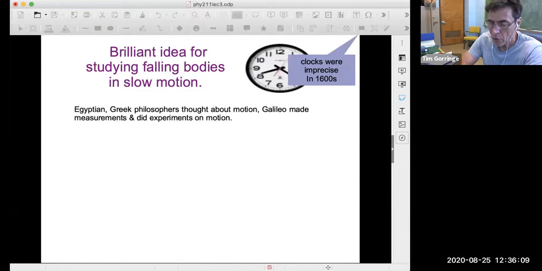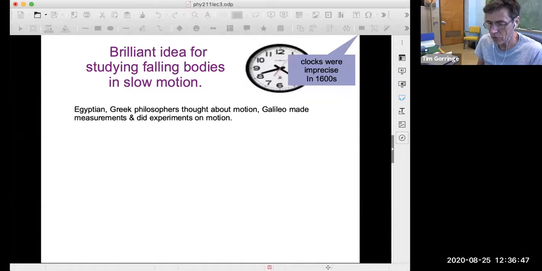Okay, so I want to talk about his work on falling bodies or falling objects. When we say falling body or falling object, we just mean an object that's dropped or released, and that falls to the ground under the pull of gravity. If you went back thousands of years, the Egyptians and the Greek philosophers thought about motion and falling body motion.